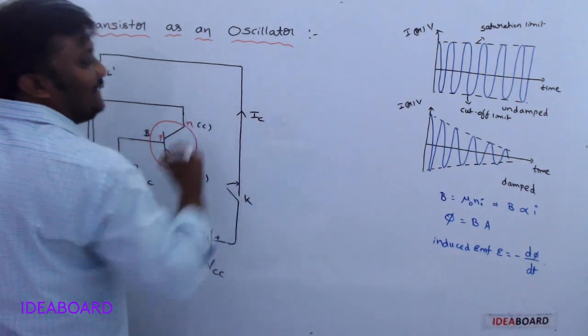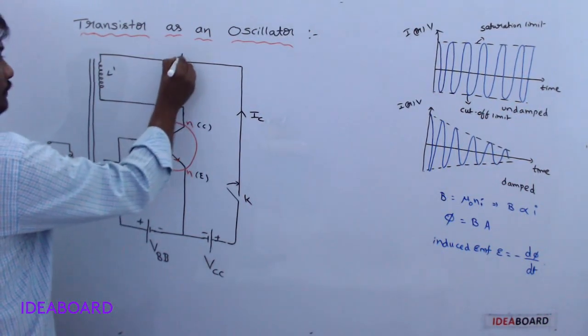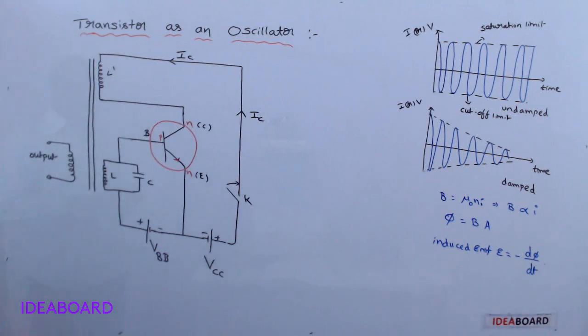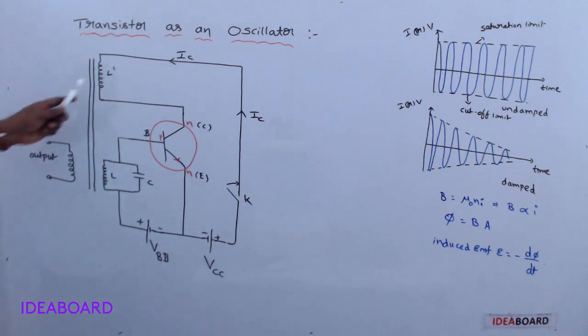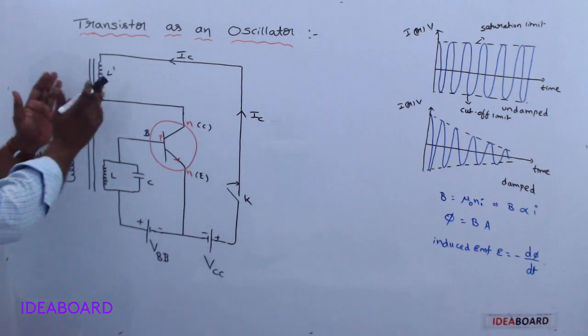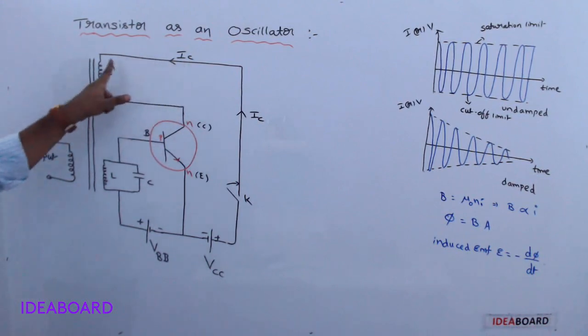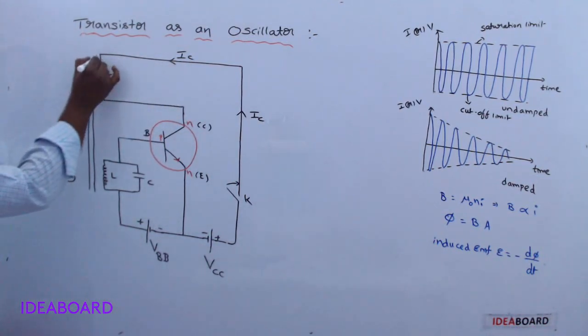current IC is developed. This IC now comes to the inductor. We know that when current passes through an inductor, a magnetic field is always developed. So within the inductor L dash, due to IC, a magnetic field is developed.